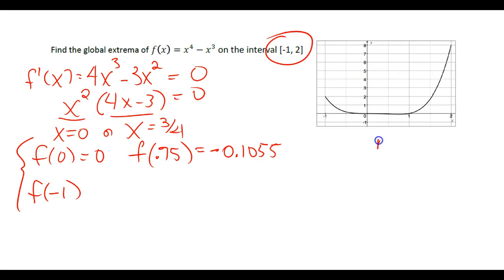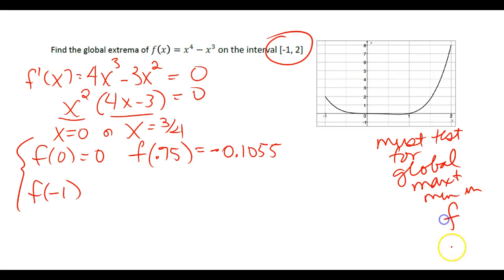We must test for global max and min in f of x, not the derivatives. So f of negative 1 happens to be 2, and f of 2 happens to be 8. So let's see.